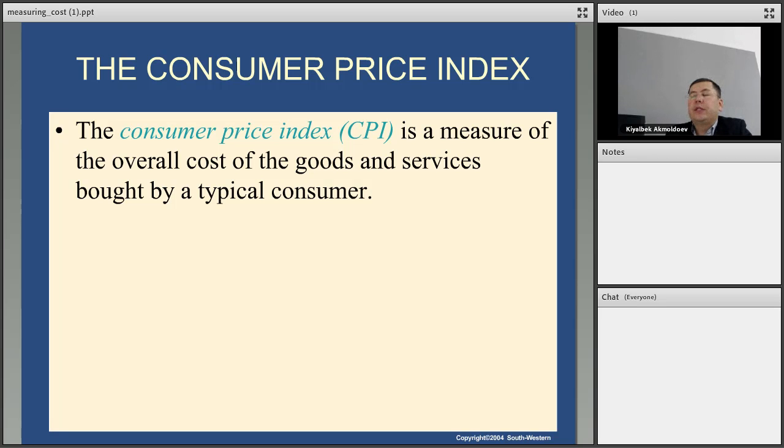But in CPI, we only calculate the change in prices of goods that we daily or generally consume. It might be clothes, it might be a car, for example, if you have a car, it might be foods that you daily consume. It might be services like a haircut.